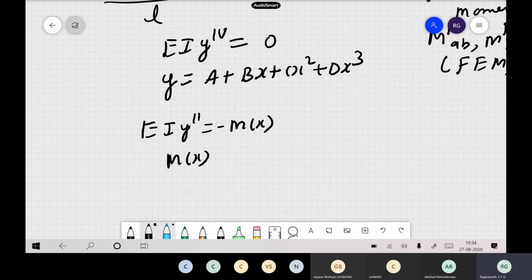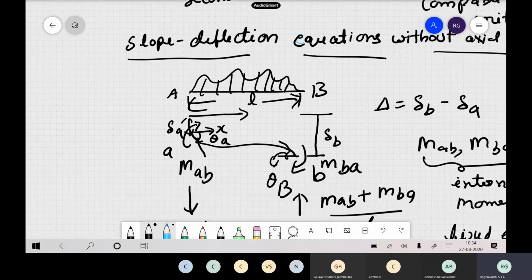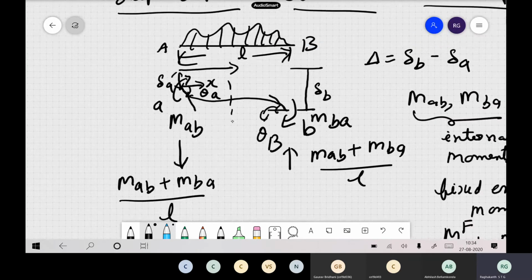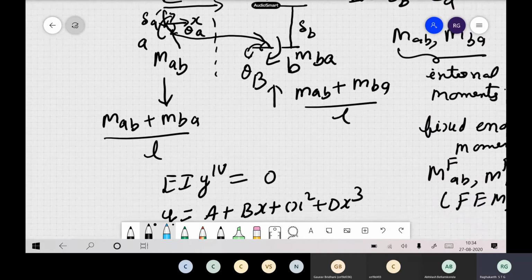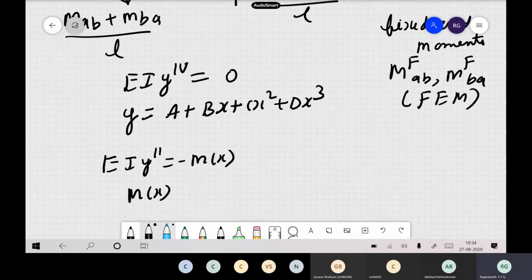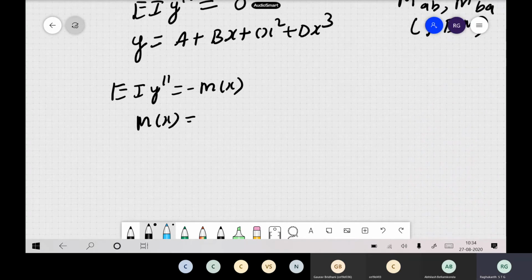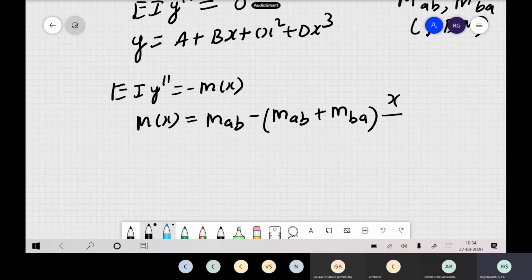If you take any section, at any point the bending moment is MAB, and then you have the supports, that is MAB plus MBA into x by L.